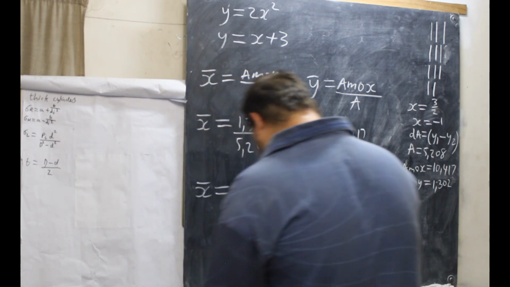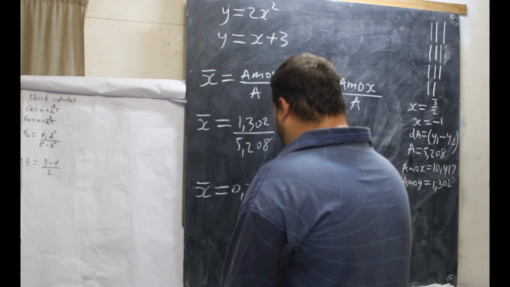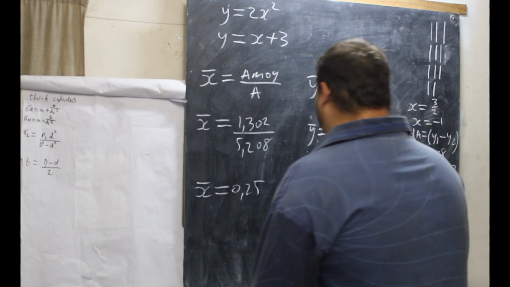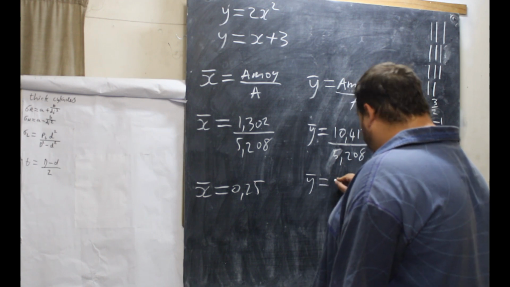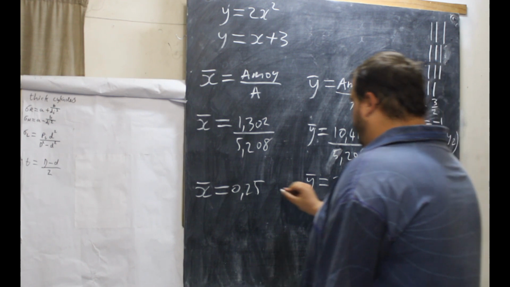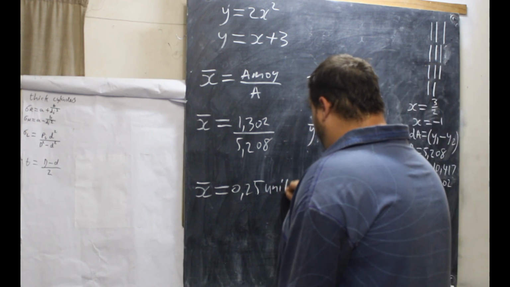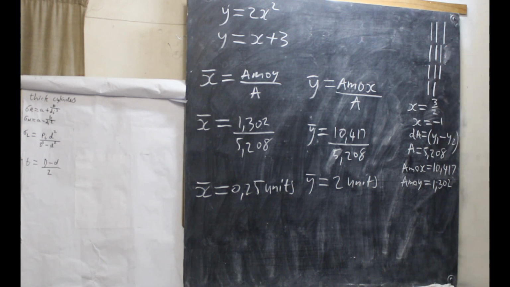x bar equals 0.25. And y bar equals 2 units. So, we have our two coordinates for the centroid finally.